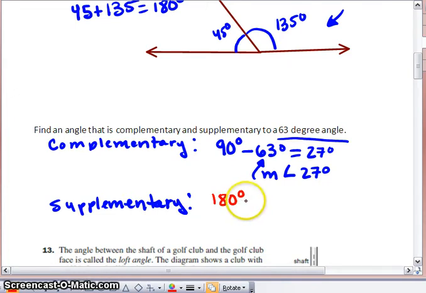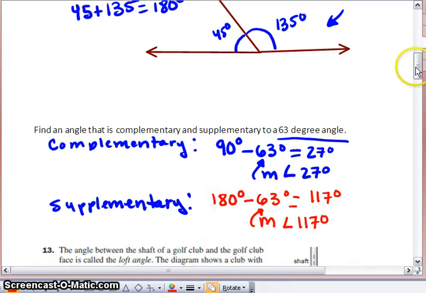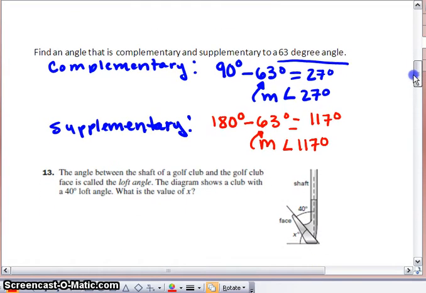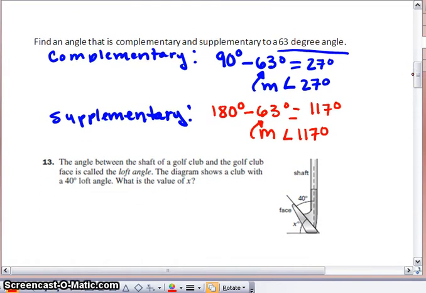So if I take 180 degrees and subtract 63 degrees, I get 117 degrees. So an angle that is 117 degrees added to an angle that's 63 degrees would give me 180 degrees, which means that pair of angles is supplementary.